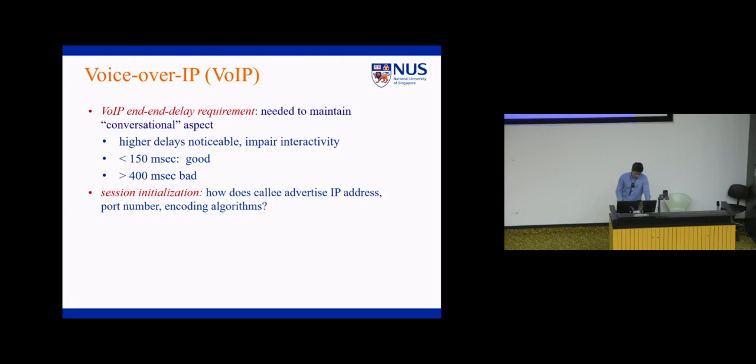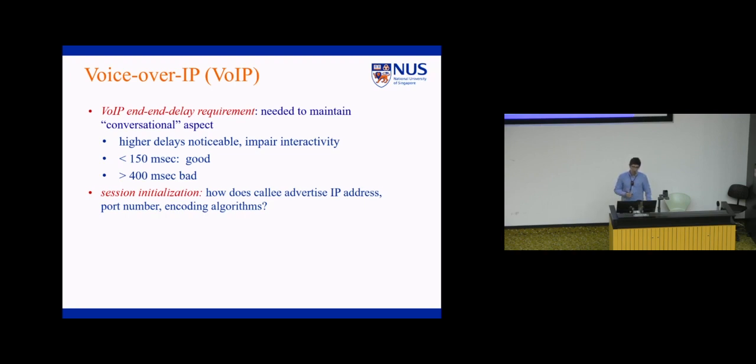But there is another thing that we need to communicate here. How do you initialize a call session? In other words, how does the calling party let the other party know that he wants to initiate a call, and how does the callee, the person being called, let her IP address known to the caller?